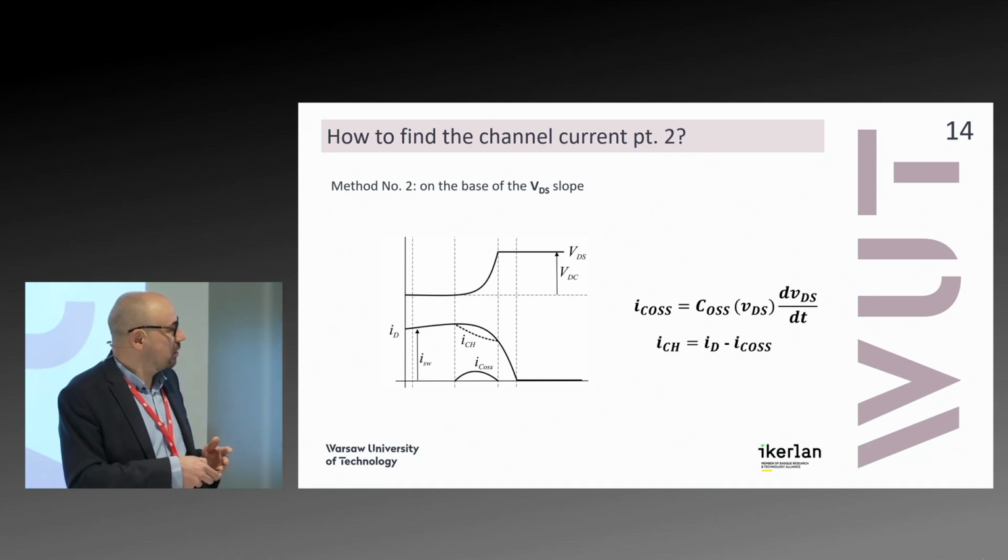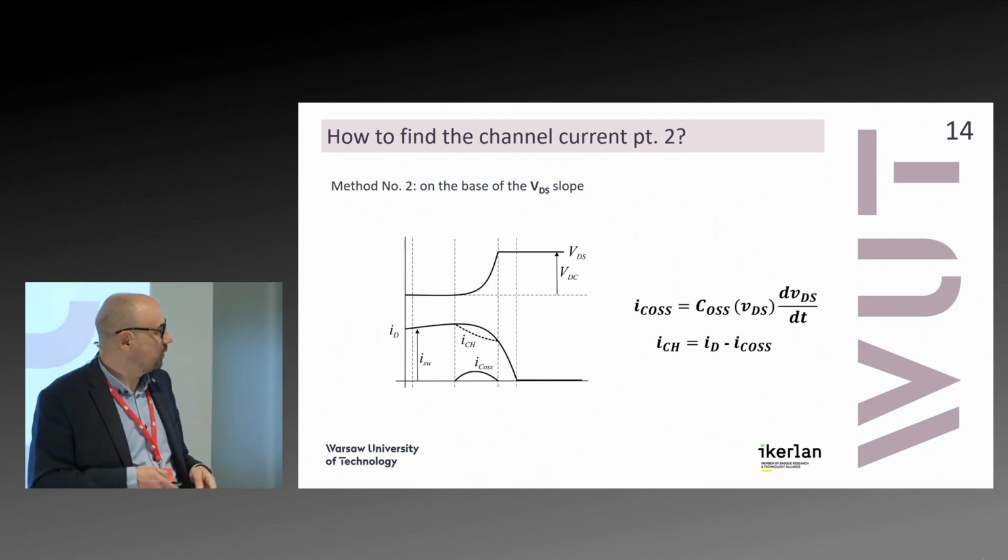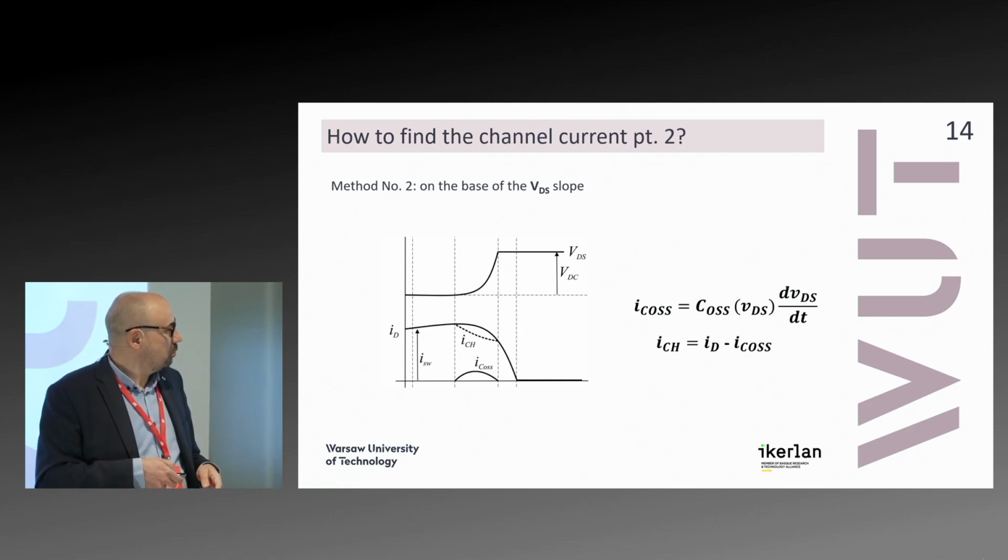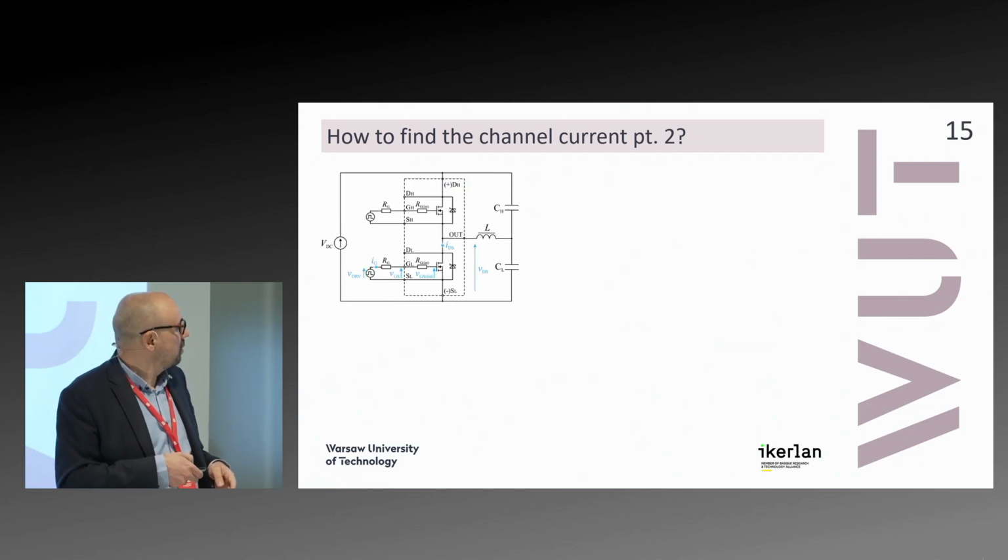Then you just measure VDS, calculate the capacitive current, and then it's easy to find the channel current as the difference between the drain current and capacitive current.